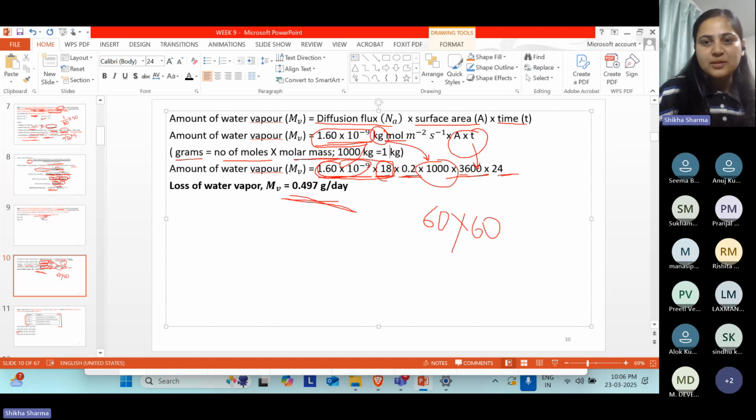I am correcting it: 1 kg equals 1000 grams. Okay, thank you, ma'am.